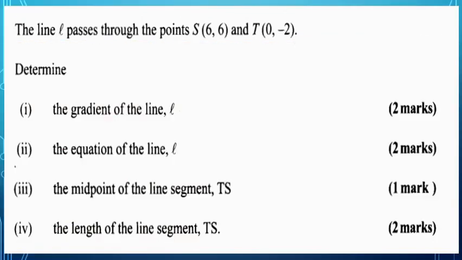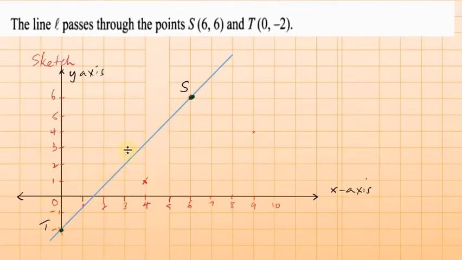The first question asks me to find the gradient of the line L, and by looking at this image, I can see that my gradient is given by, let us move upwards.